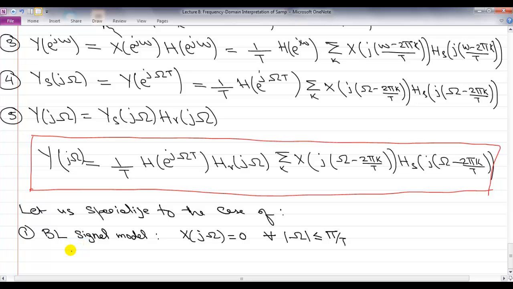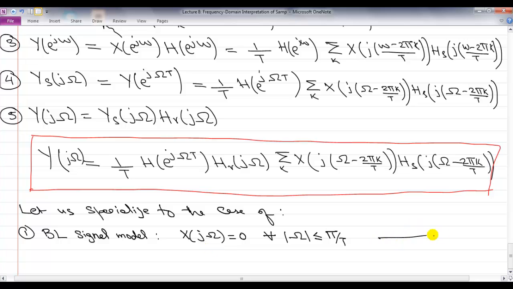Now, if you think about it, since I'm assuming the signal to be band limited and I have a filter before that, regardless of what the filter's endpoints are, once I have a band limited signal, I multiply that with that filter. I only care about the range of frequencies between that band.